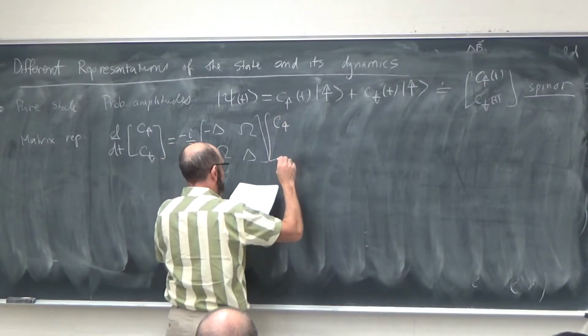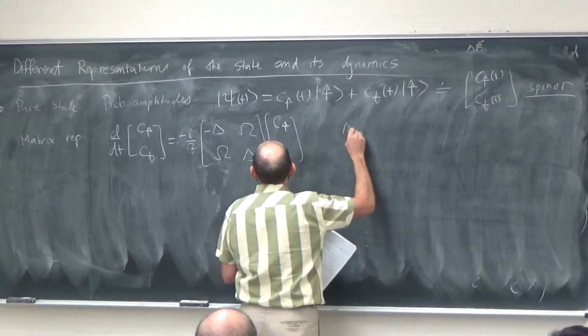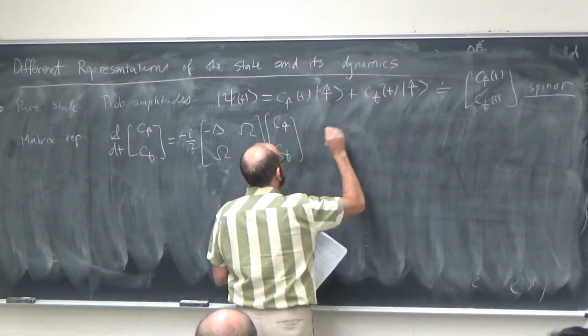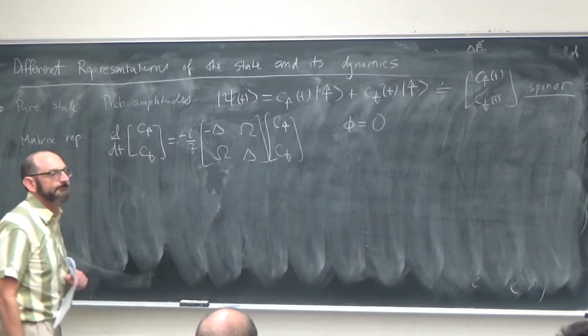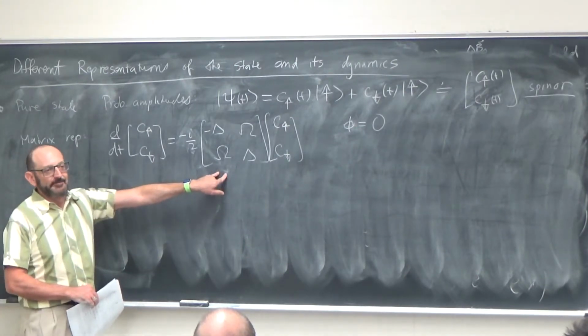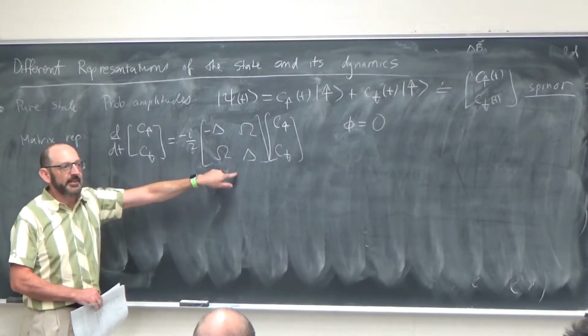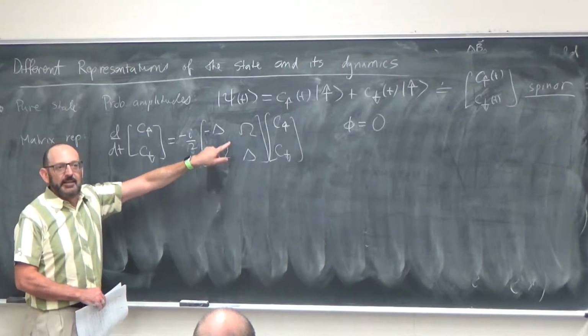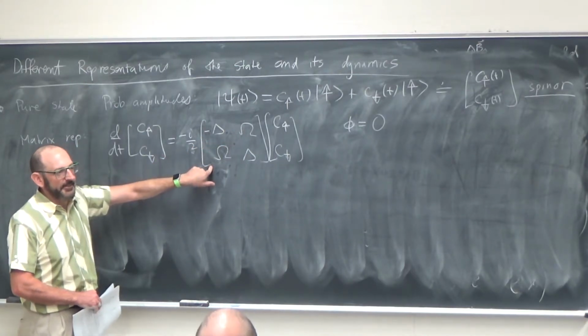Let's say on resonance. No, I'm sorry. Phase being 0. Everyone clear that that's the Schrödinger equation in the rotating frame? That's the Hamiltonian, right? Written as a matrix minus delta times sigma z and omega times sigma x.